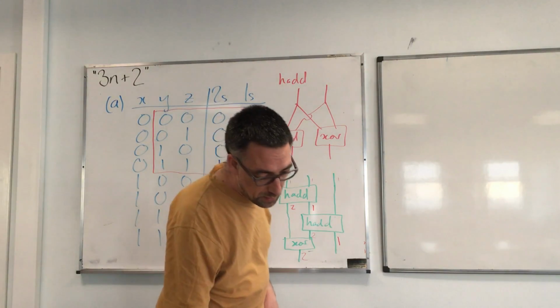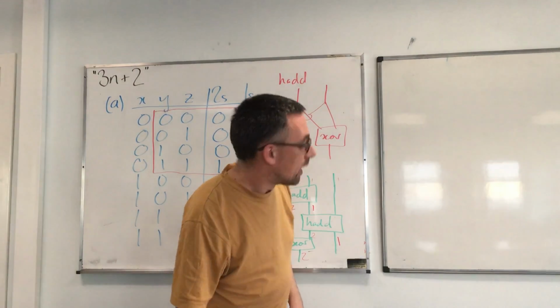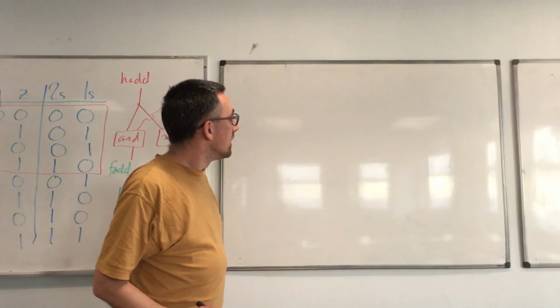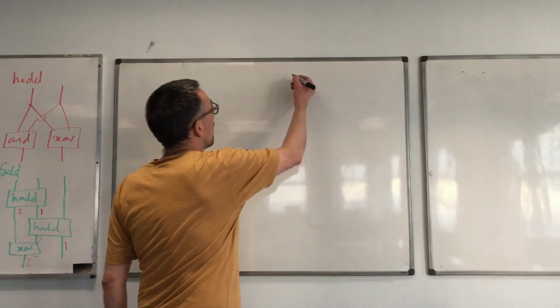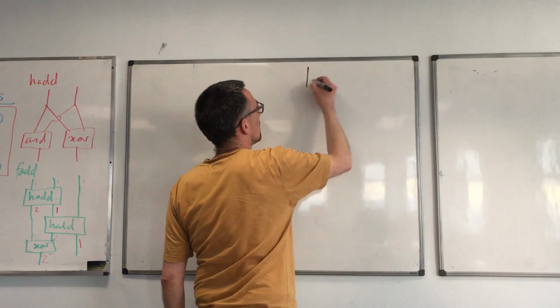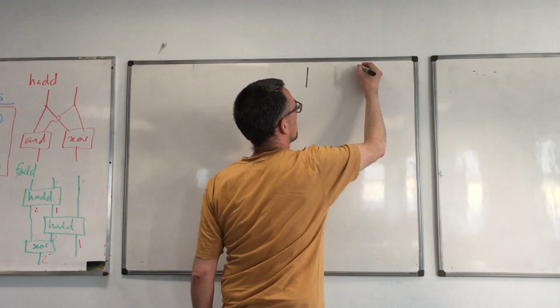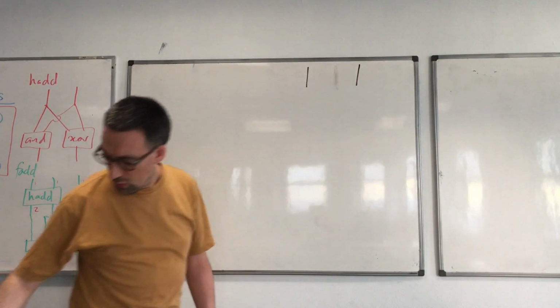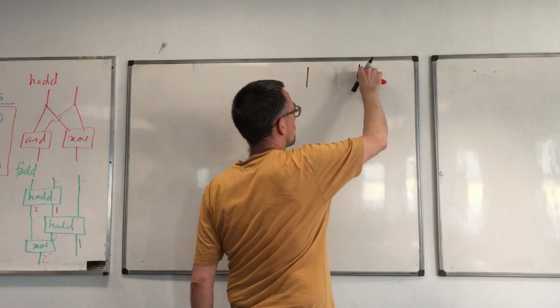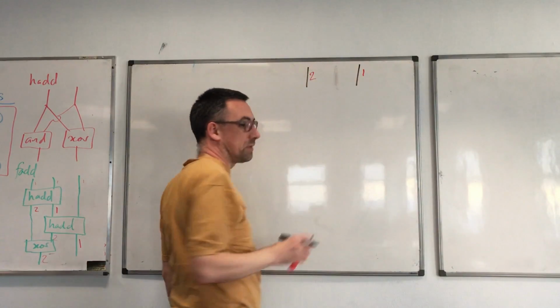Okay, moving on, we are asked to take a 2-bit binary number. Let me just give myself a little bit more space. A 2-bit binary number, so place values 1 and 2.